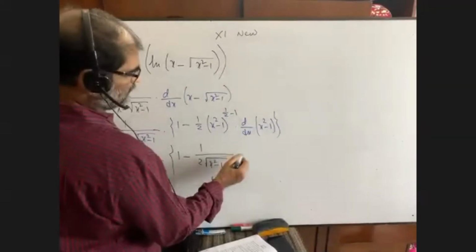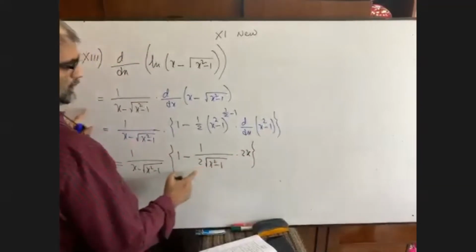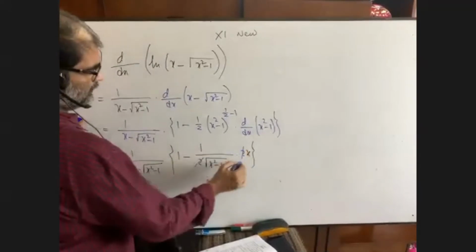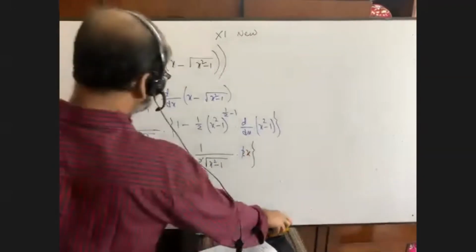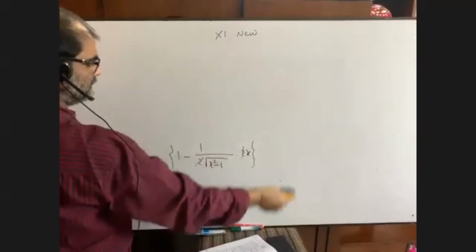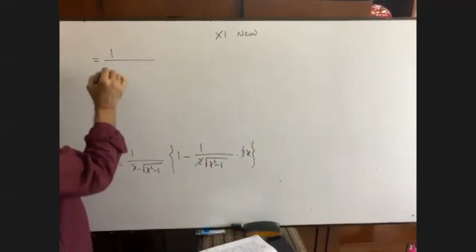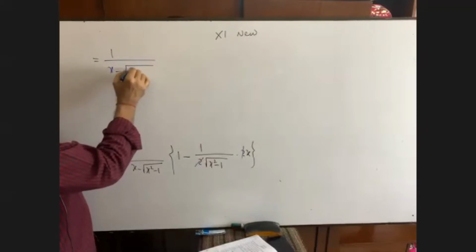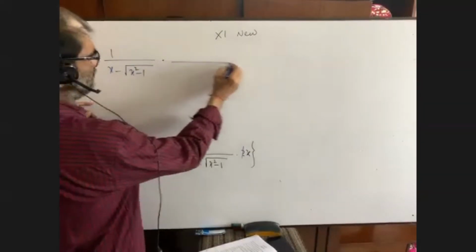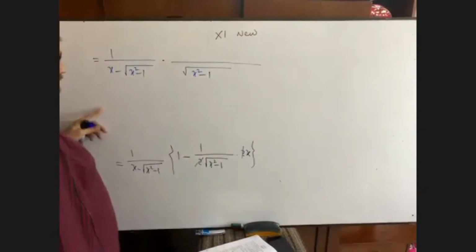And you know, this is only 2x. 2 will be omitted. This 2 will be omitted. X minus root over x square minus 1. Here we can get the LCM. LCM is root over x square minus 1. Is it?